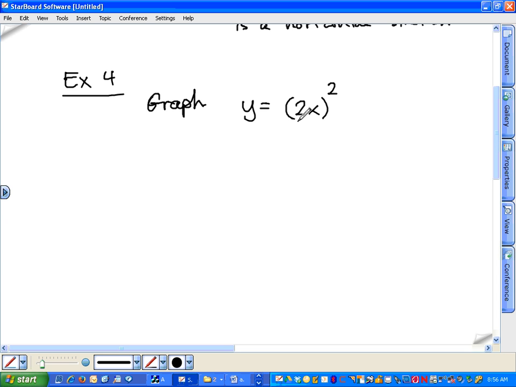So let's first describe what kind of transformation this is. Is this inside or outside? Inside. This transformation right here is inside the function.